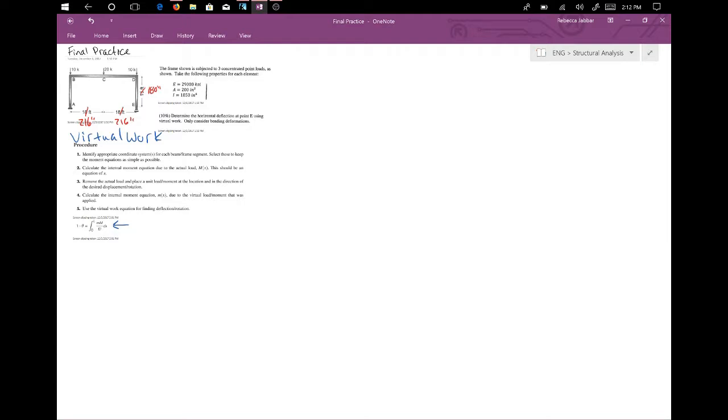But all right, now that we've converted it, we can just jump into the problem following this procedure. First one, identify the appropriate coordinate system. So this just means when we are looking at the individual members, or we're going to be looking at the internal moments inside, what the coordinate system for that value of x is going to be.